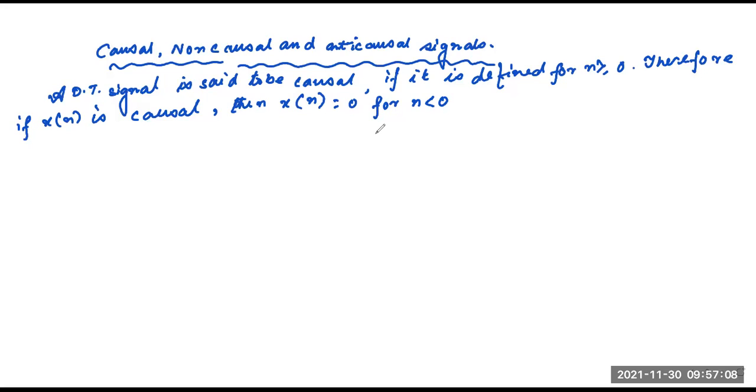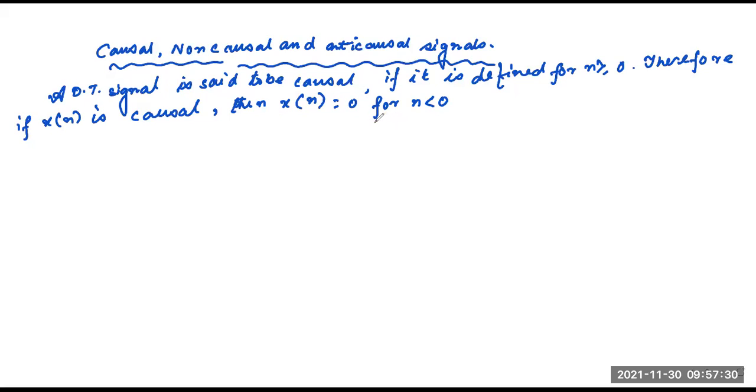Now a discrete time signal is said to be non-causal if it is defined for either n less than or equal to 0, or both n less than or equal to 0 and n greater than 0. Therefore, if x of n is non-causal, then x of n is not equal to 0 for n less than 0.